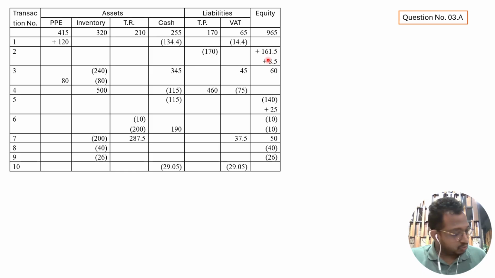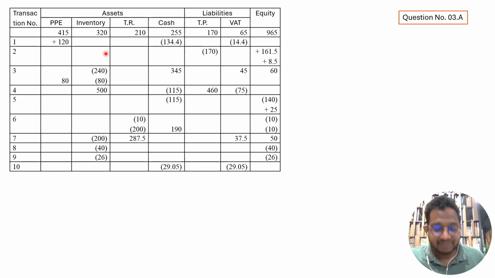Third one, the opening inventory consisted of 20 units. Of these, 15 units were sold at cost plus 25% for cash, with 15% VAT applicable on the sales. The remaining 5 electricity fans were kept for the business's use, right? So here the opening inventory total cost is 320,000, and this contains 20 units.